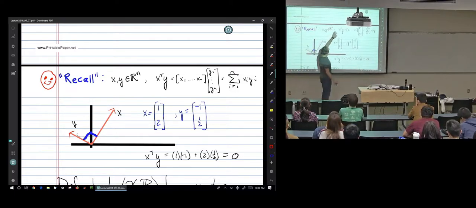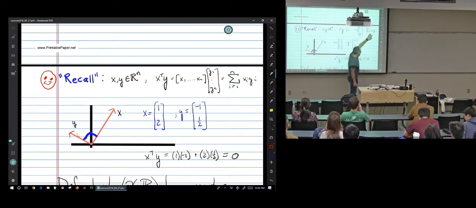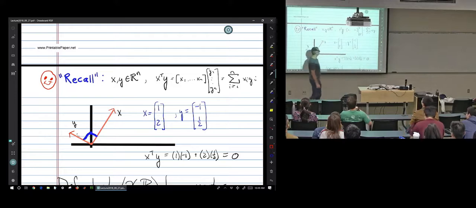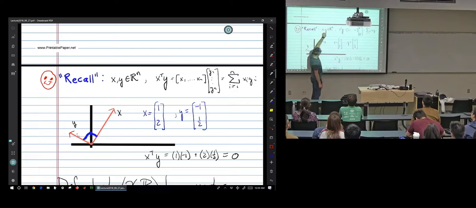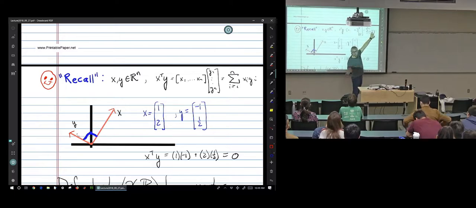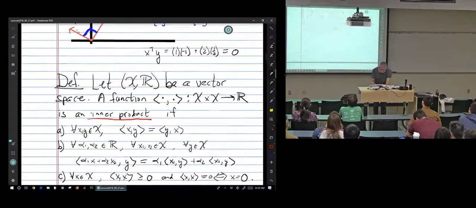So sum of two vectors, inner product with y will be the sum of the two inner products. 3 times x, inner product with y, 3 times inner product x with y. If x and y are equal, this is the sum of xi squared, and that's equal to 0 if and only if x equals 0. And it's non-negative no matter what, okay? It can't be negative because it's xi squared.